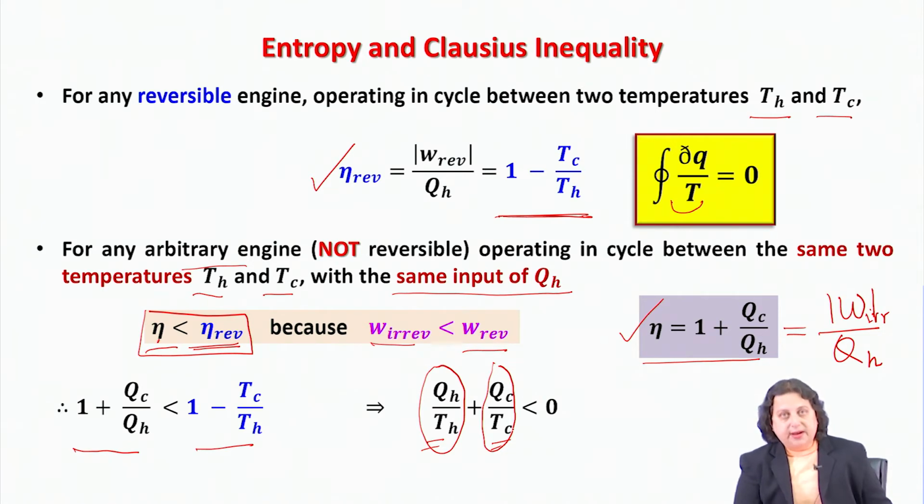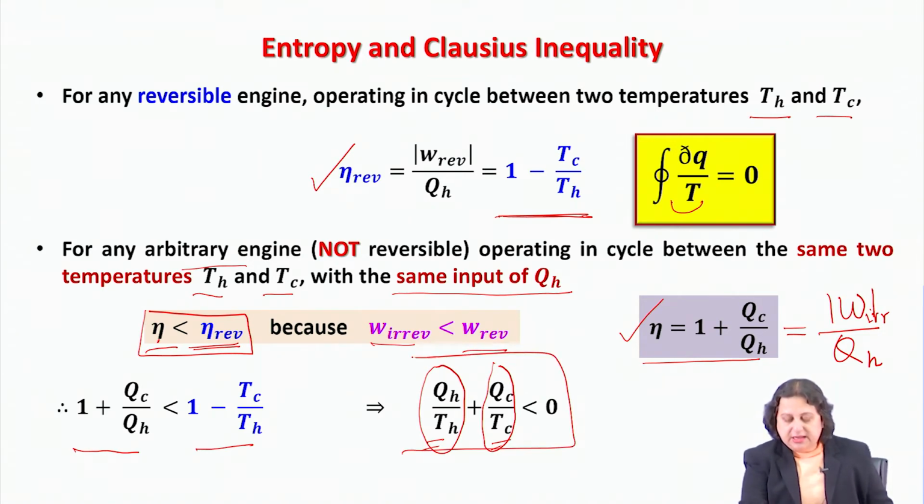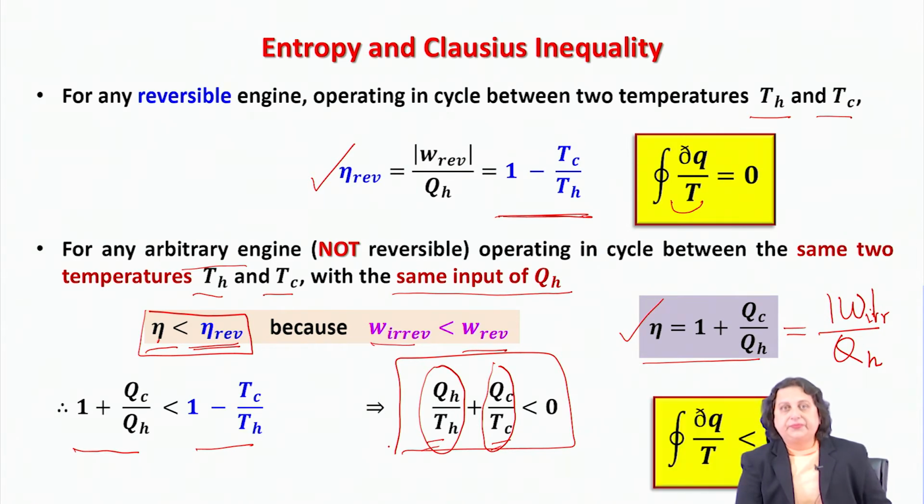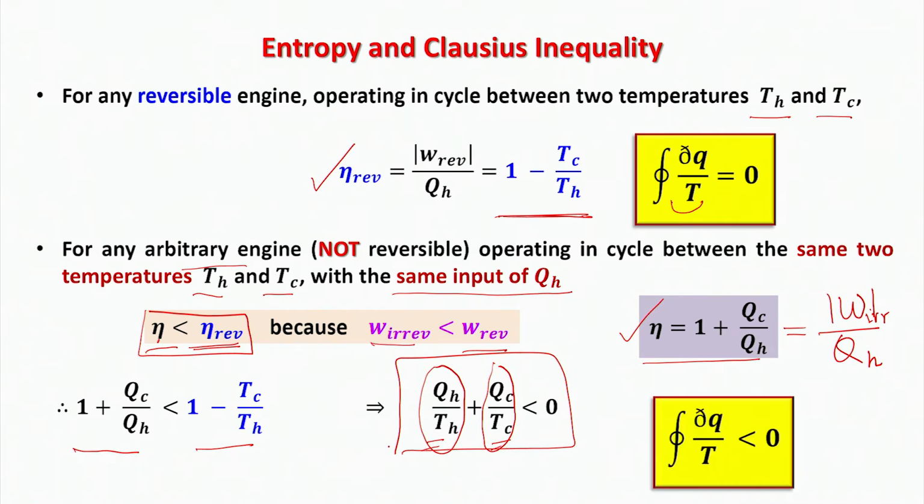Therefore, I can write this expression in general as the cyclic integral of dq by T. So, it says that basically you are evaluating all the integrals and adding them up over the entire cycle that you have seen here. And if the engine is irreversible, in that case, I will have this integral less than 0.